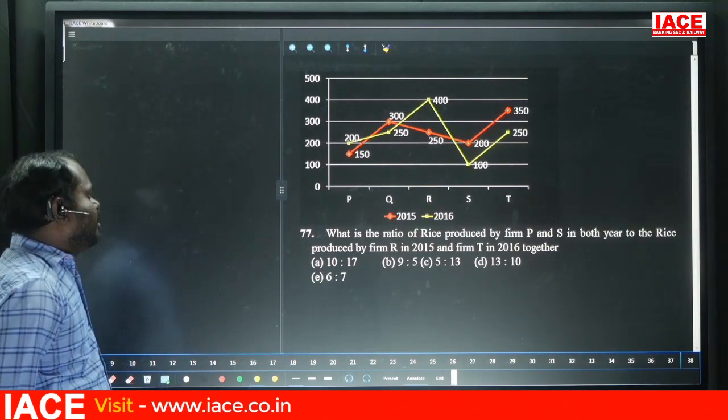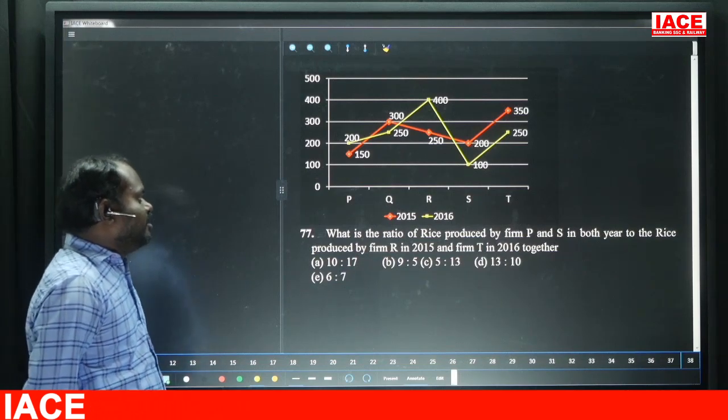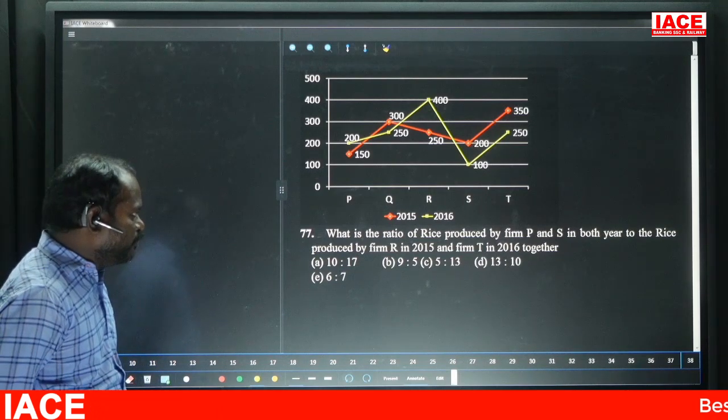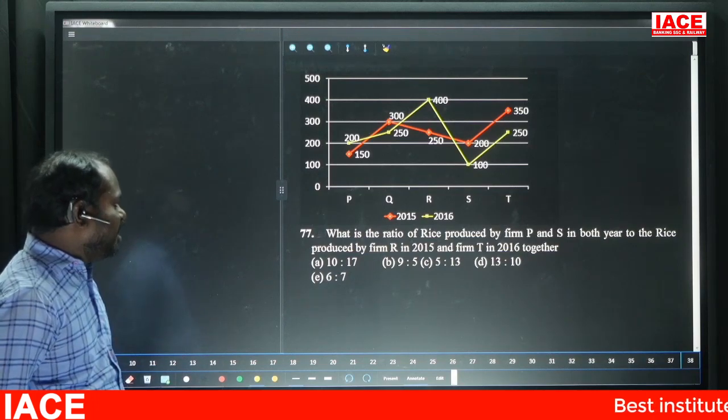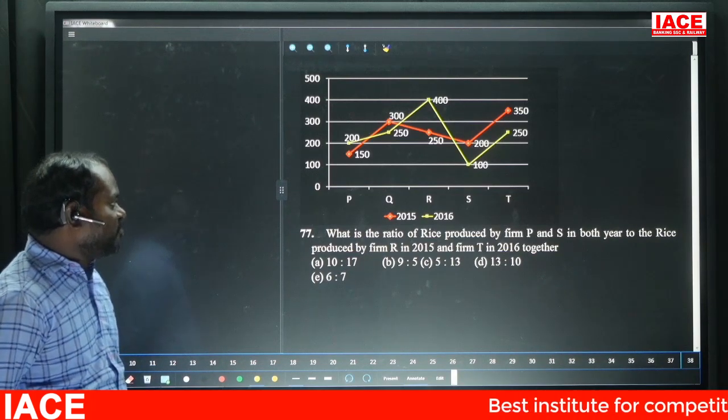Question 77. What is the ratio of rice produced by firm P and S in both years to the rice produced by firm R in 2015 and T in 2016 together?